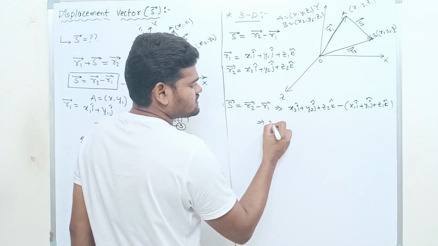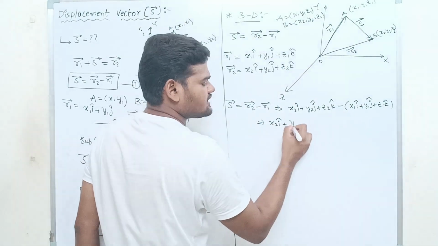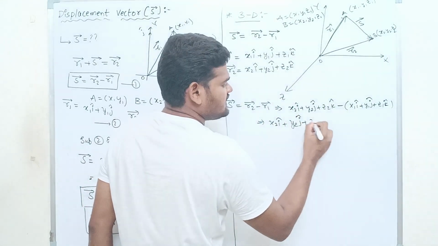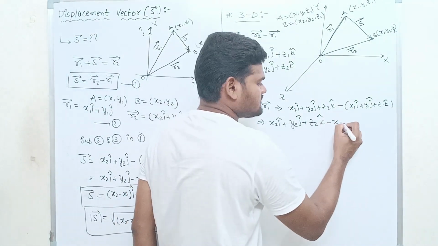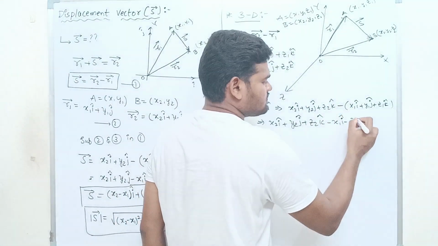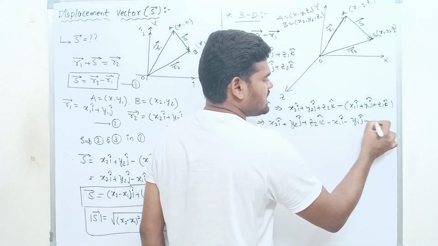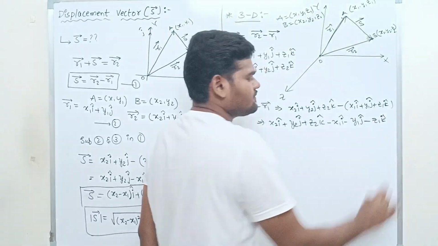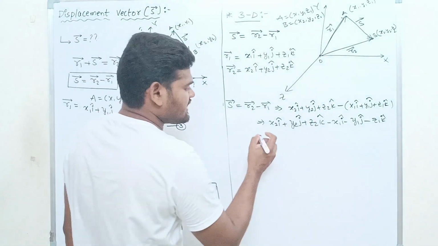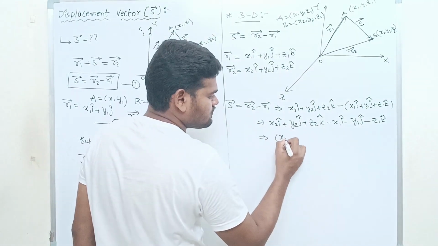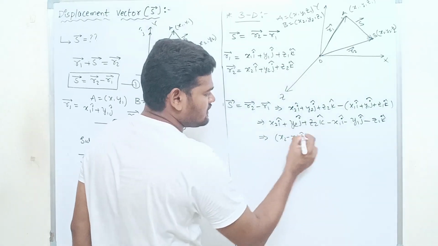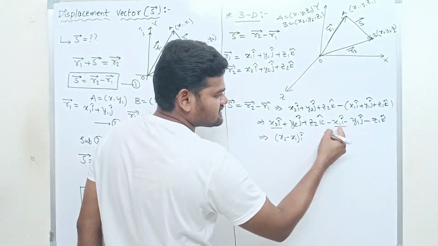So that is equal to x2 i cap, simple mathematics, please follow me. Minus into plus, minus x1 i cap; minus into plus, minus y1 j cap; minus into plus, minus z1 k cap. Now just take i cap, j cap, k cap common. Here x2 i cap is there, minus x1 i cap is there.